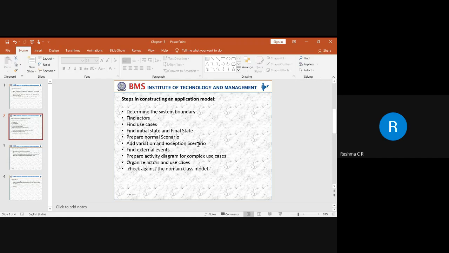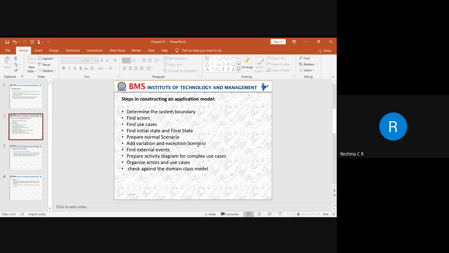And the next thing is we need to find the use cases. We know that use cases are nothing but the functionalities of the system. How these functionalities are identified can be done in different ways. Who are the actors and who uses the system?